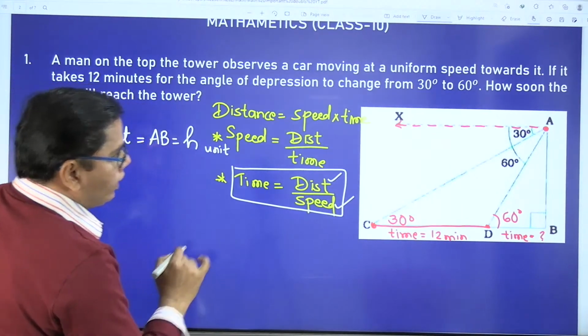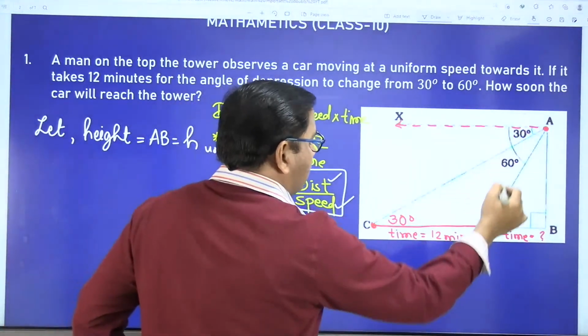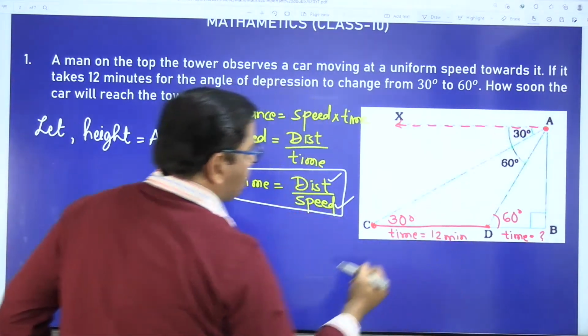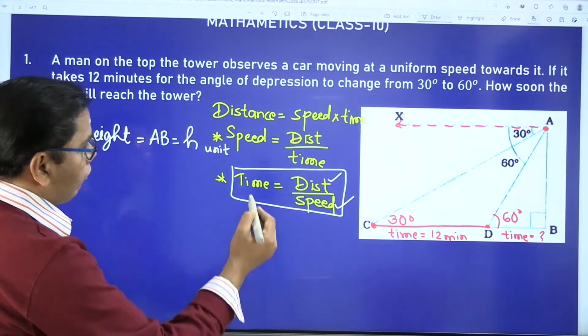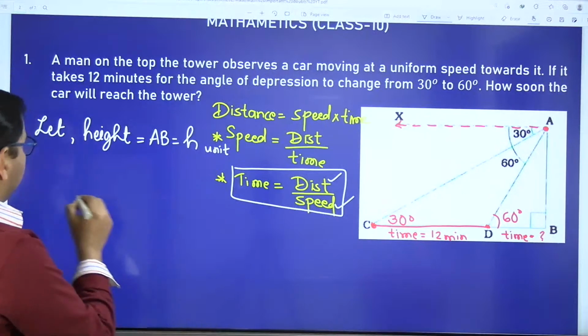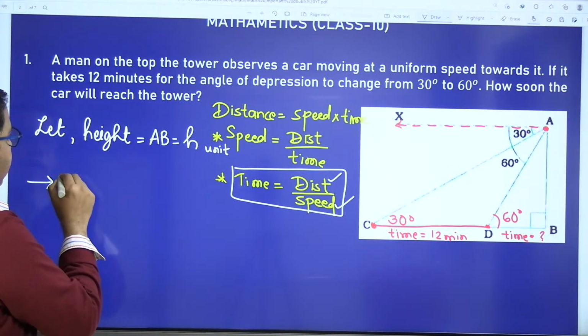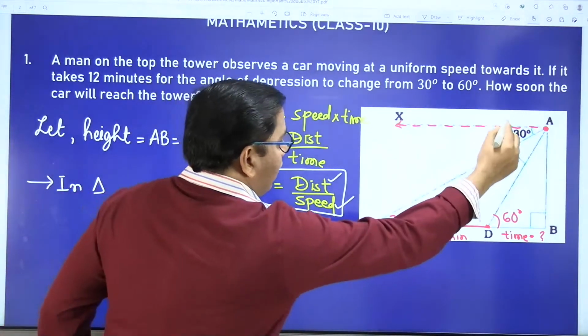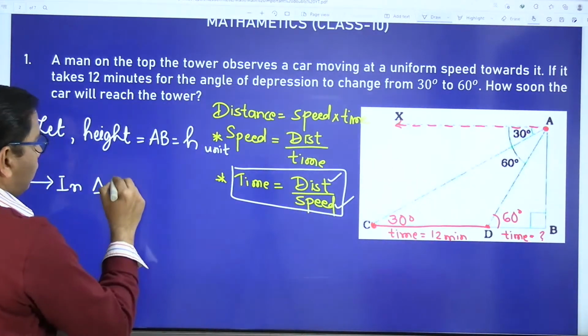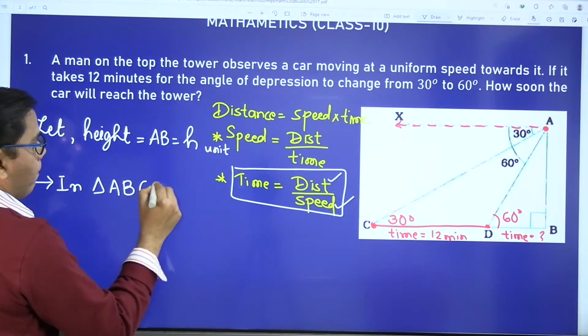First, out of two right angle triangles which I have, I will first consider a bigger right angle triangle. And which is that bigger right angle triangle? So the bigger triangle is triangle ABC. So I am considering this triangle.